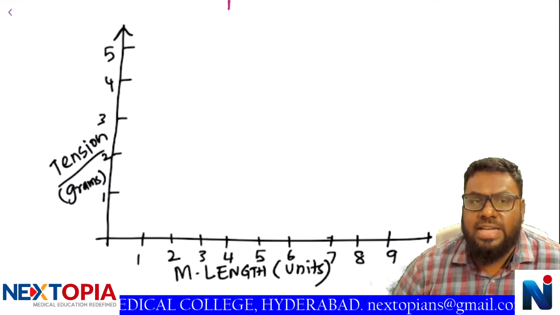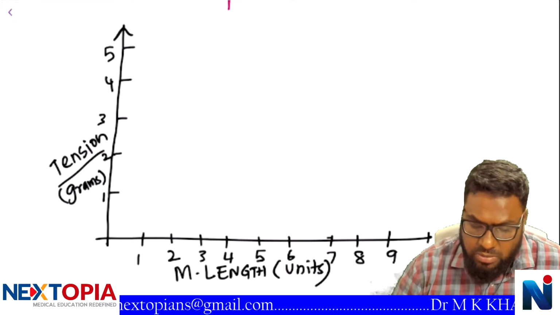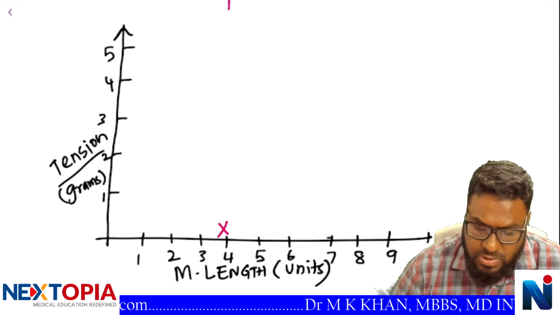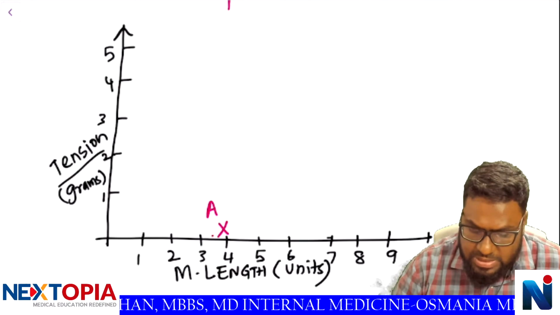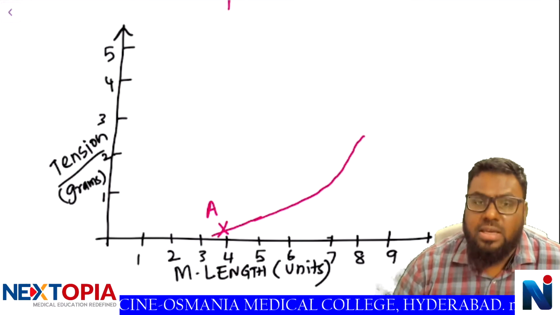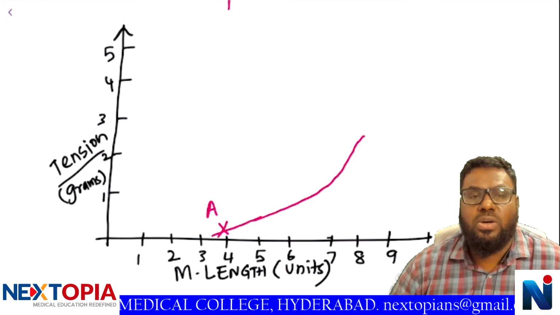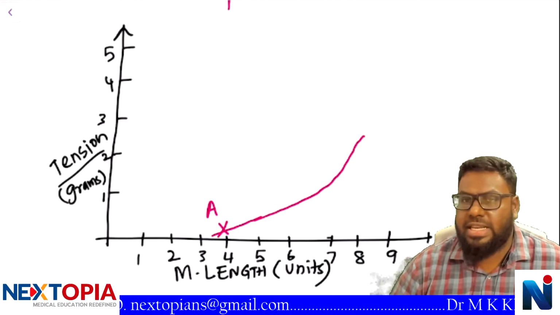So let us try to understand when there is no preload. At this point, say this is a point A, and from here the muscle stretch is starting slowly. A is a point where there is no preload, thus the muscle does not stretch. There is no passive tension.